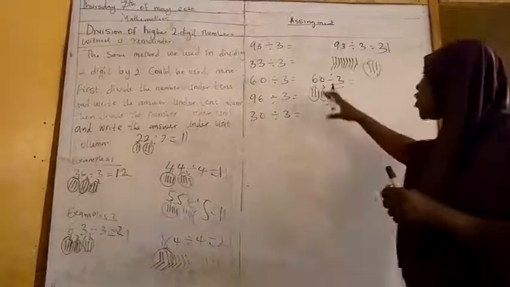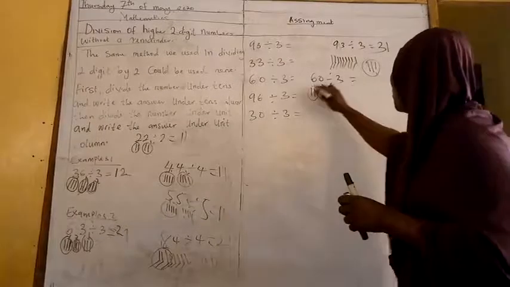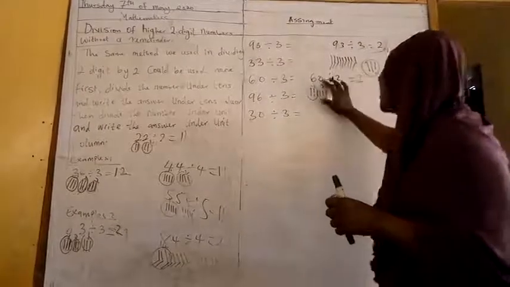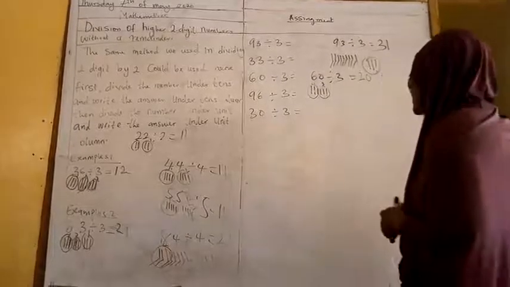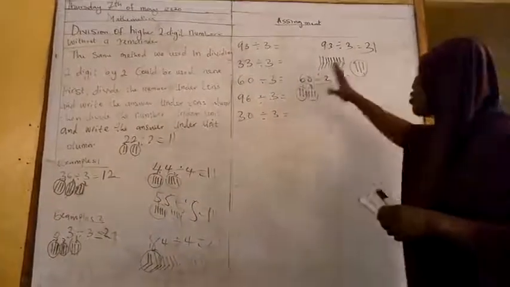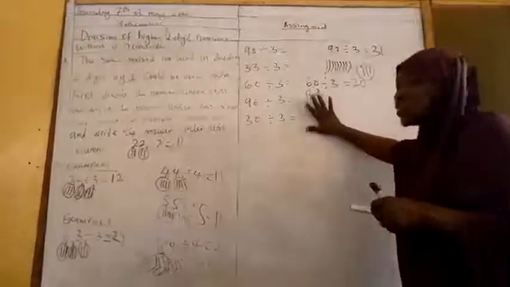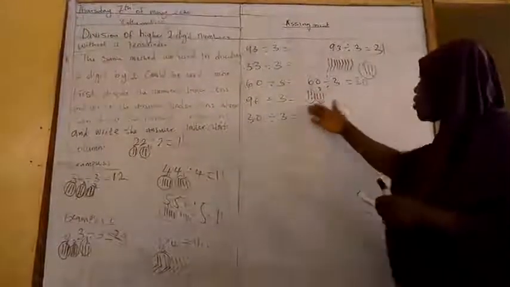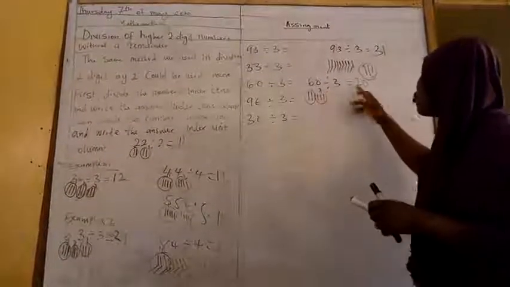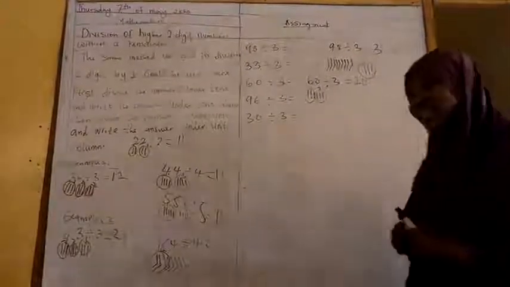So here you have your 3 into 6 two times. So you have your 2. And you just bring this 0 forward. Since you have 0 in front of 6, you just count only the 6. You will divide into 2. 1, 2, 3. 1, 2, 3. You have 2. And you brought your 0 forward. Is it clear to you?